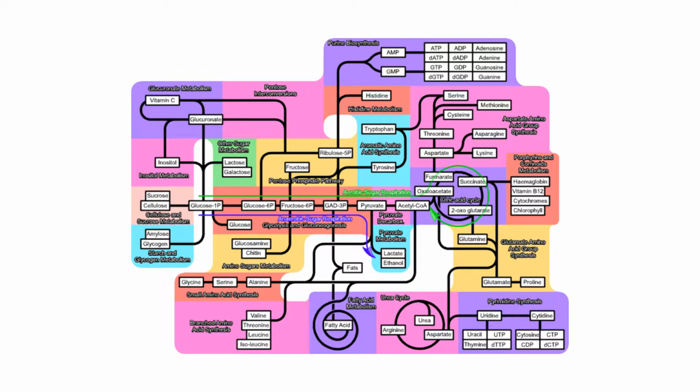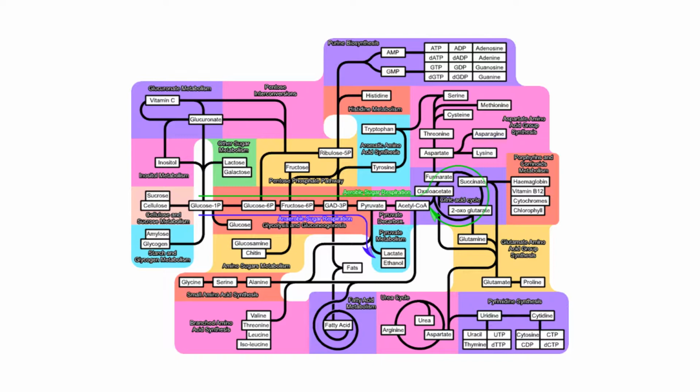But what we see here is glycolysis in the center, down this midline, which feeds into the citric acid cycle. We can see interconnections with the urea cycle, fatty acid metabolism, just to name a few.